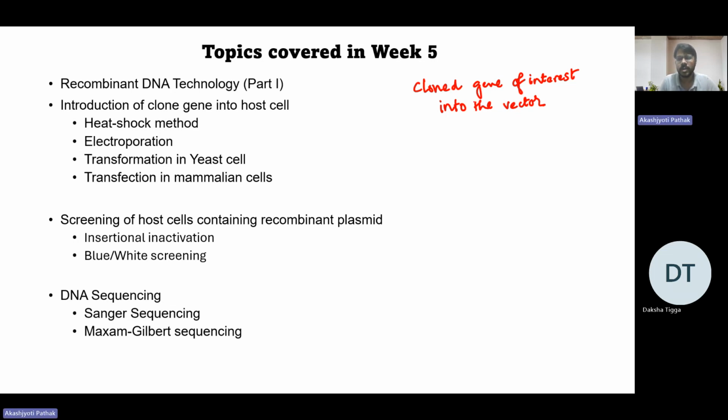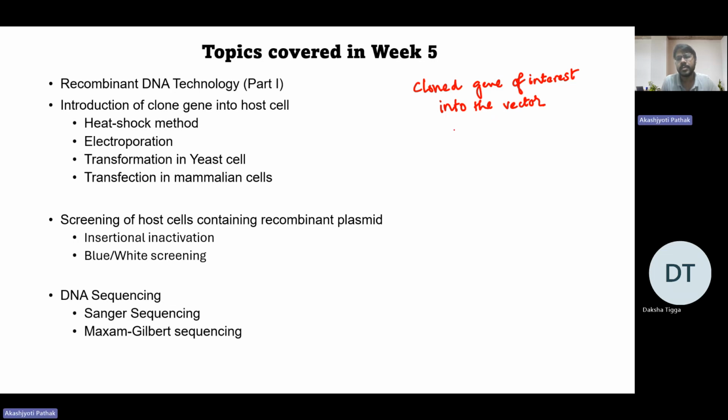We have done a PCR reaction to confirm whether my cloned gene of interest is present, or we have also done restriction digestion and checked, yes, my gene of interest is present. We have also sent our plasmid for sequencing, and we found that yes, my gene of interest is present in my vector.